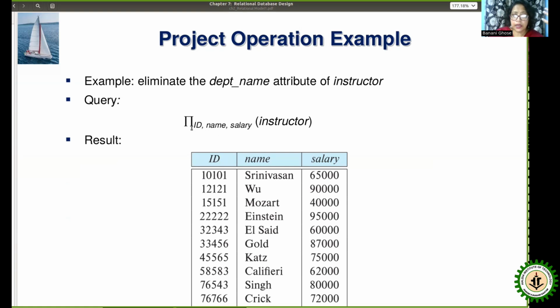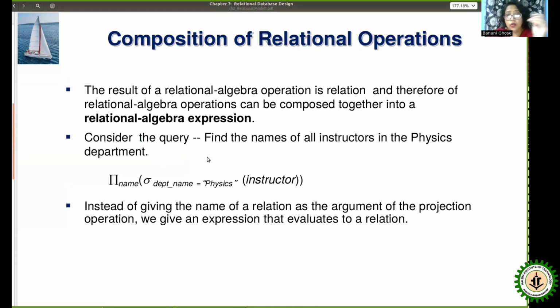Project, then list all the attributes separated by commas, and then the name of the table on which it is to be executed. You can see in the new table, the ID, name and the salary, which are specified in the projection operation, are fetched. Clear?